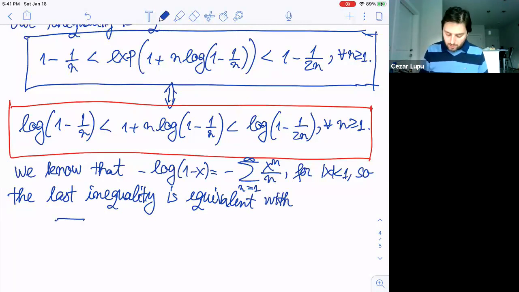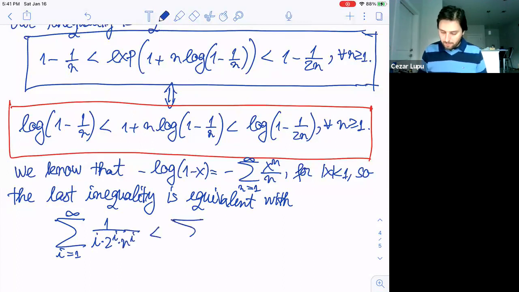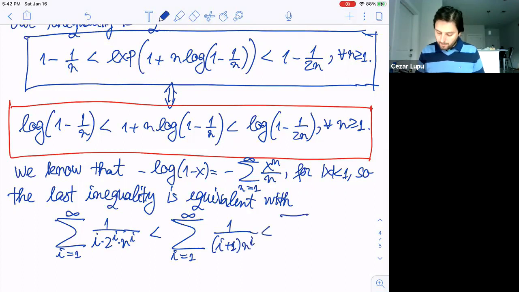Let's write it. The first one will be the sum from i equals 1 to infinity of 1 over i times 2 to the i times n to the i, which will be less than the sum of 1 over i plus 1 times n to the i. And the last one will be the sum i equals 1 to infinity of 1 over i times n to the i.